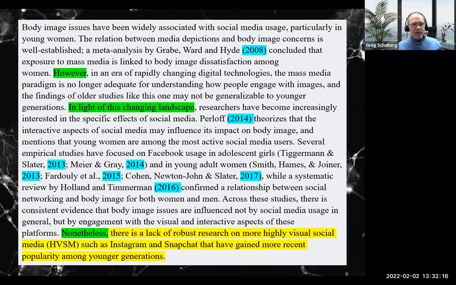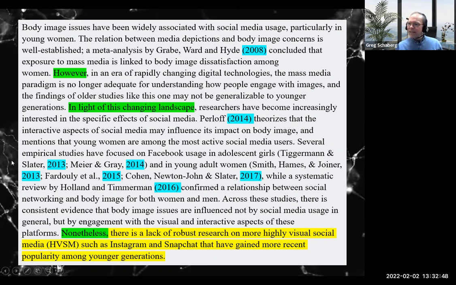Notice how everything was done in a very brief manner. It caught the reader up to speed on the topic and gave the history of the research in chronological order for the most part. Within, like in here, where they're talking about Facebook and adolescent girls, there were studies in 2013, 2014, and in young adult women in 2013, 2015, and 2017.